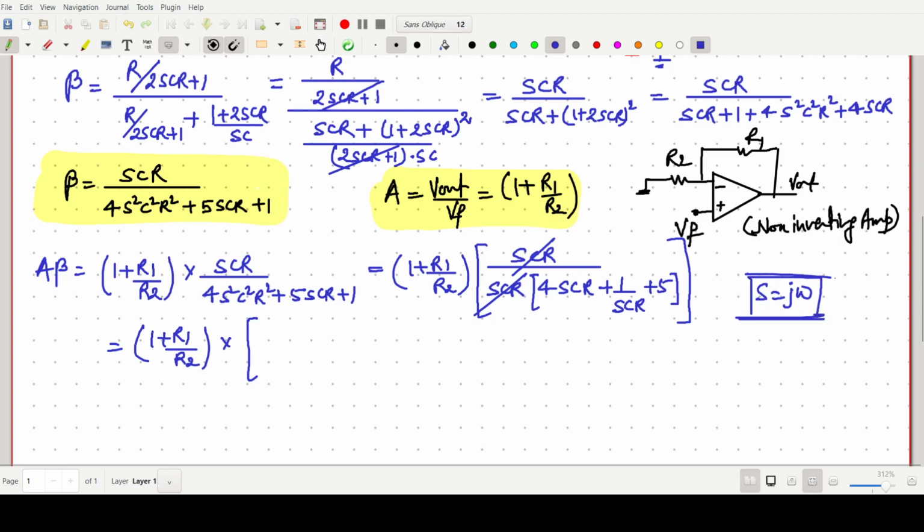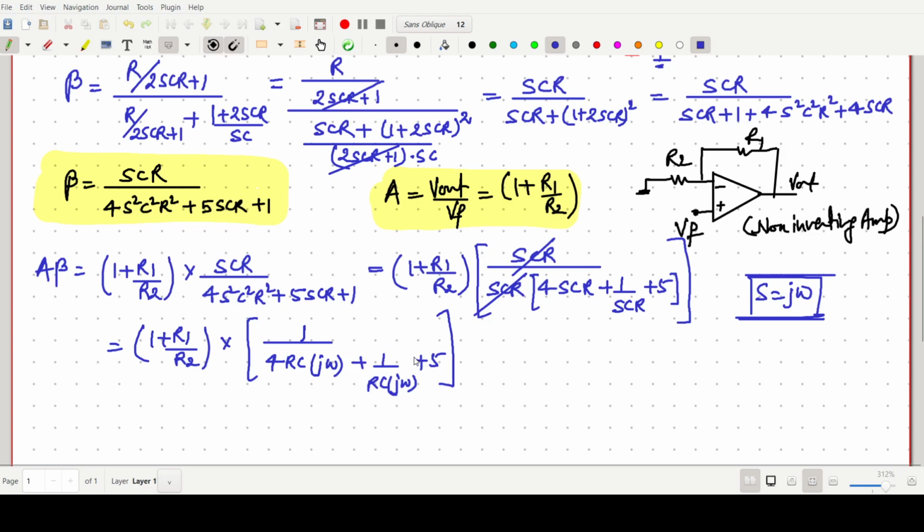So one can write 1 by 4 RC into j omega plus 1 by RC into j omega plus 5.